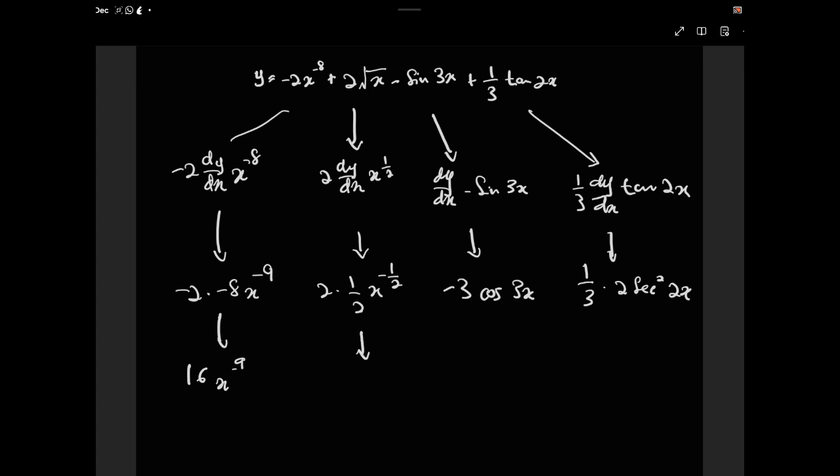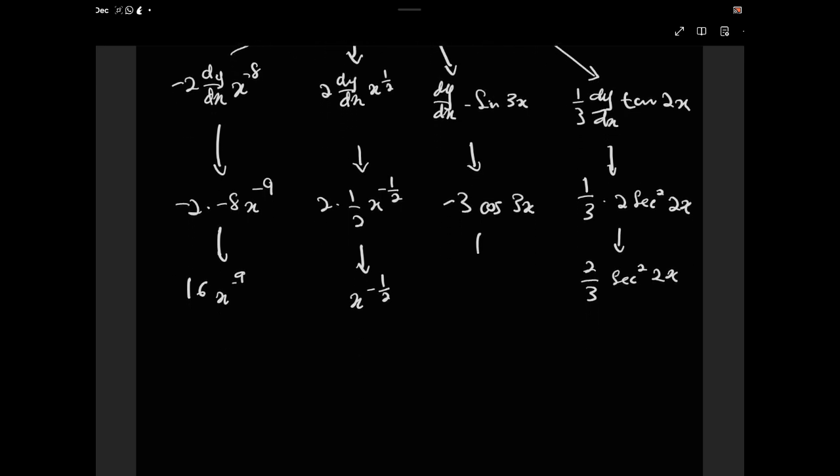And for this one, 2 over 2, so 1, so that just leaves us with x to the power of negative 1 over 2. As for this one, actually done. And for the last one here is actually 2 over 3 secant squared 2x. Okay, so that's it for this one.